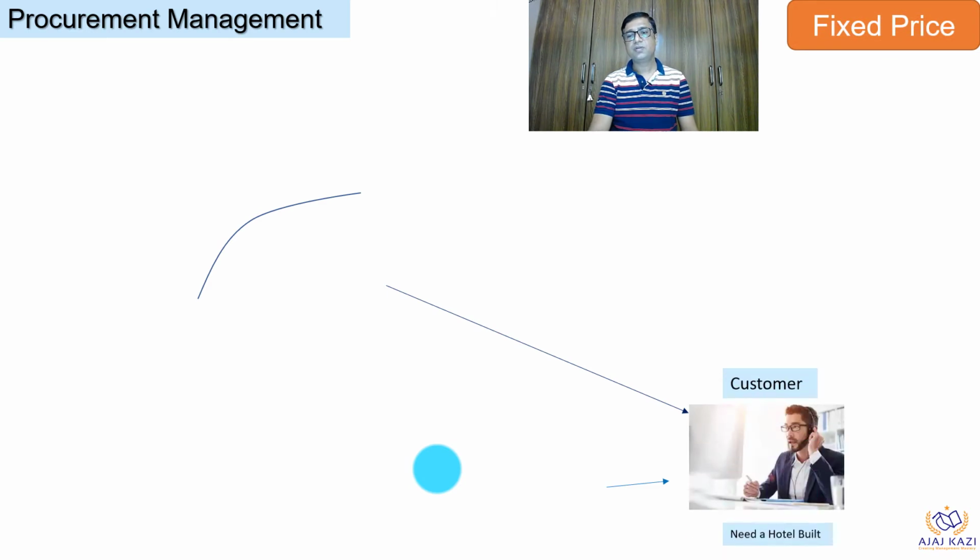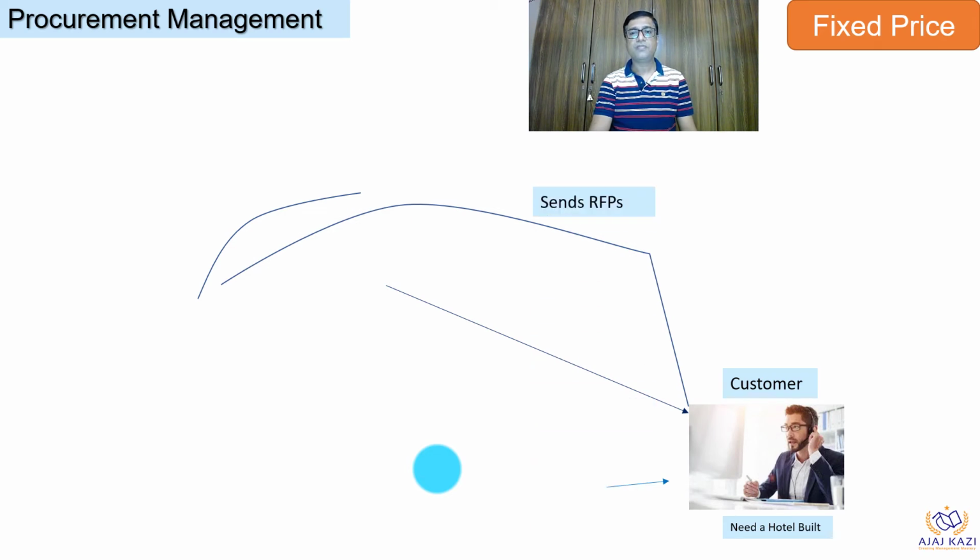There is a customer who needs a hotel to be built. Now he sends the inquiries to different bidders, and here it is a request for proposal, RFP. We have seen earlier the request for quotation because the things are very clear. The bidders look at the RFP and start understanding the scope.